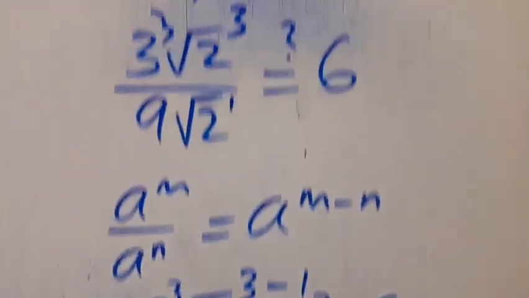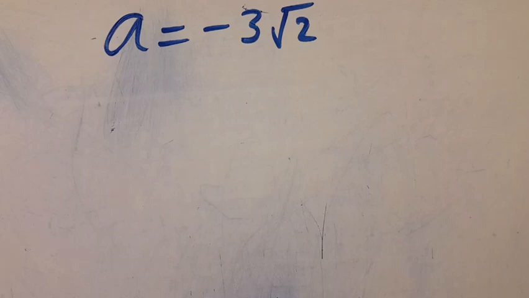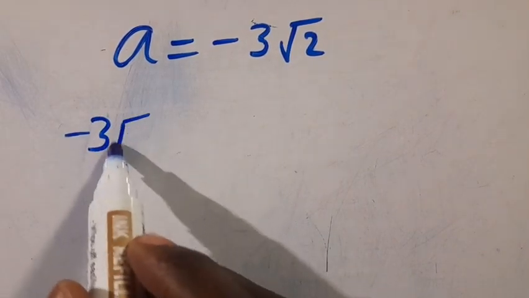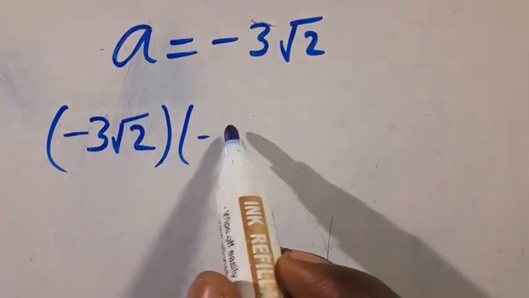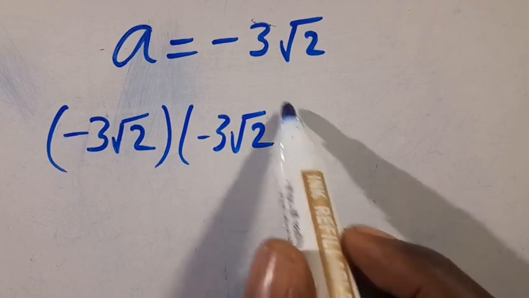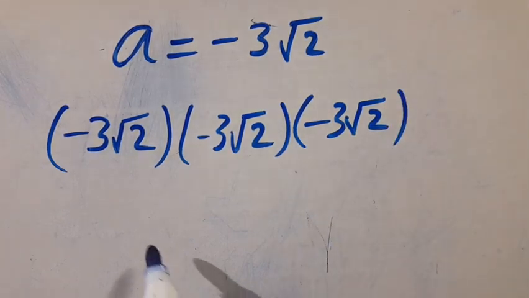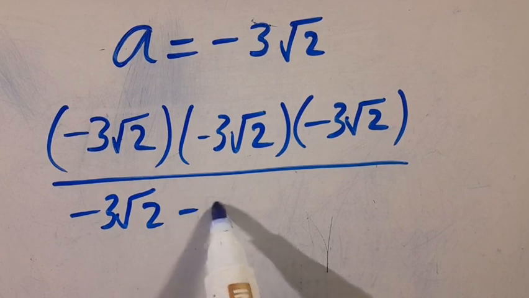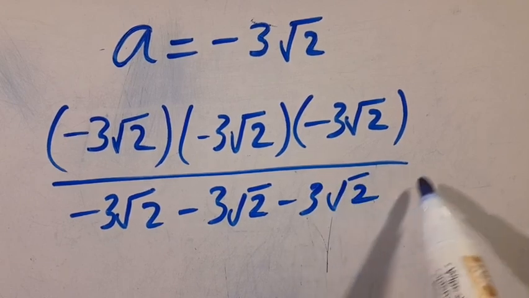So let us check for the second one again. So from here, we are going to have minus 3 root 2 in parentheses multiplied by minus 3 root 2 in parentheses multiplied by minus 3 root 2 in parentheses divided by minus 3 root 2 minus 3 root 2 minus 3 root 2.